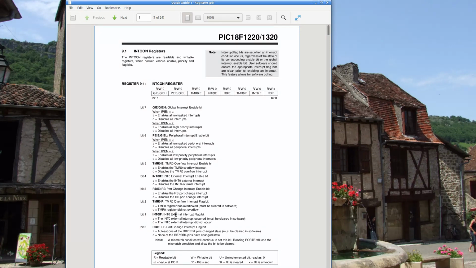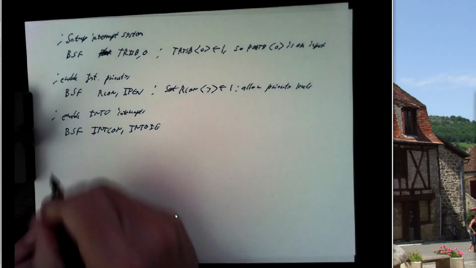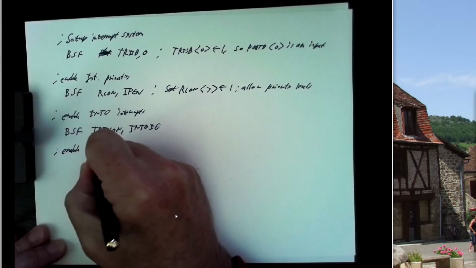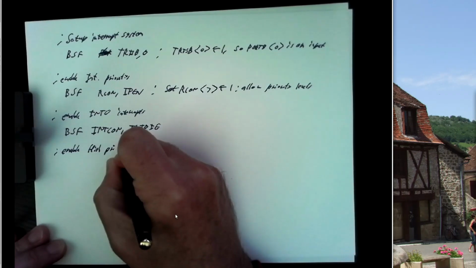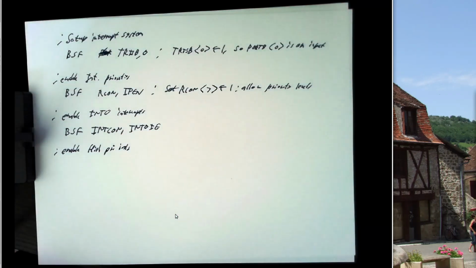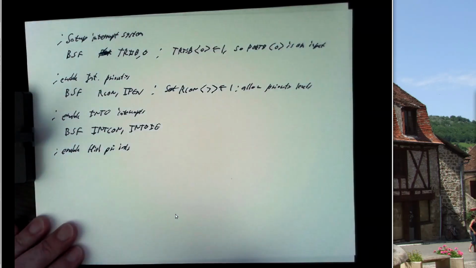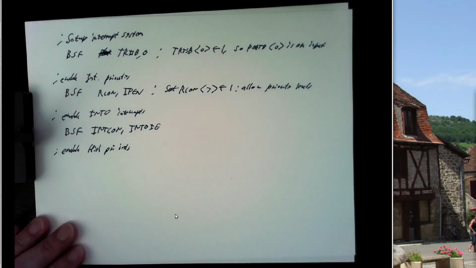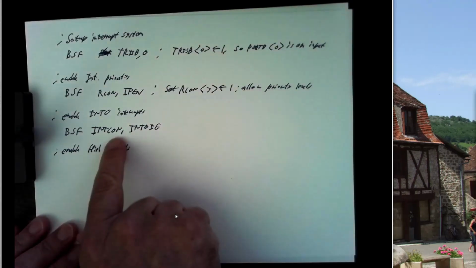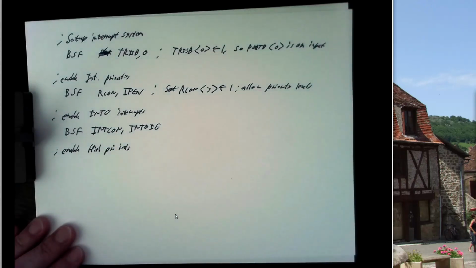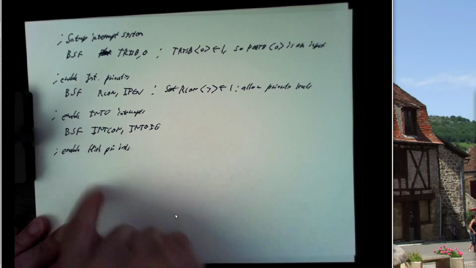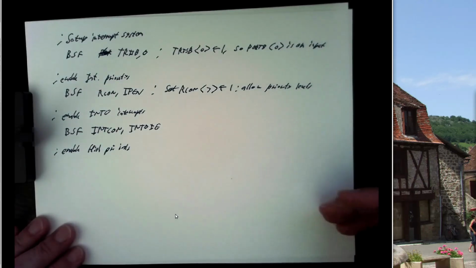And then the last thing we need to do is enable high priority interrupts. So what have we done? We've set up this pin to be an input pin. We've said we want priority levels on our interrupts. We've said we want int0 to be able to generate an interrupt, but nothing is going to interrupt the system until we say allow high priority interrupts or allow low priority interrupts.